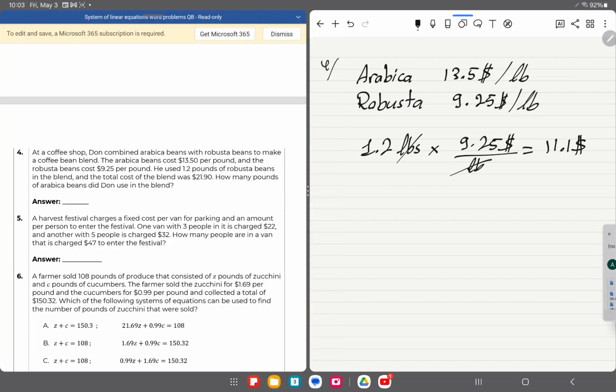$11.1. Now, he used 1.2 pounds of Robusta beans in the blend. The total cost is $21.9. How many pounds of Arabica beans did he use?